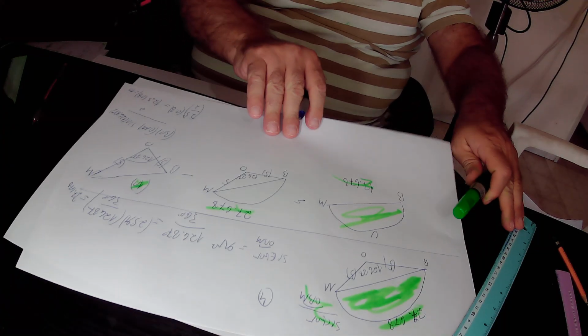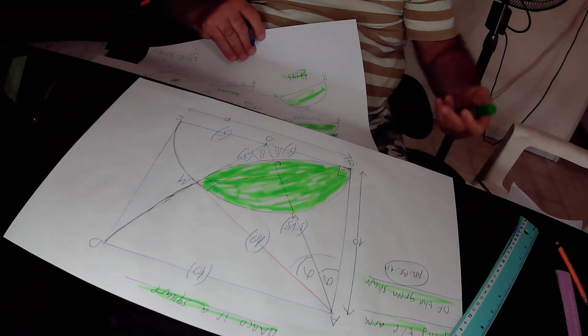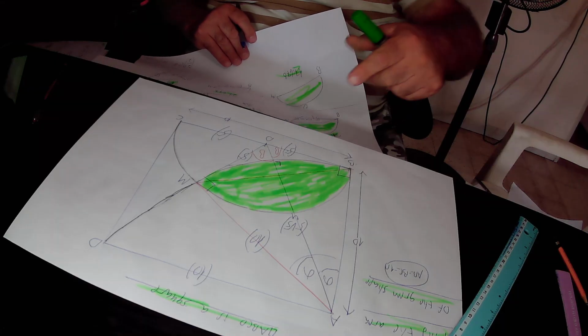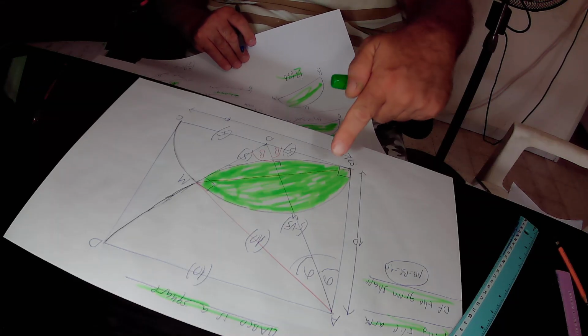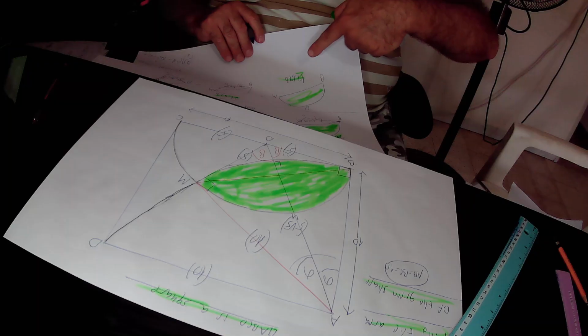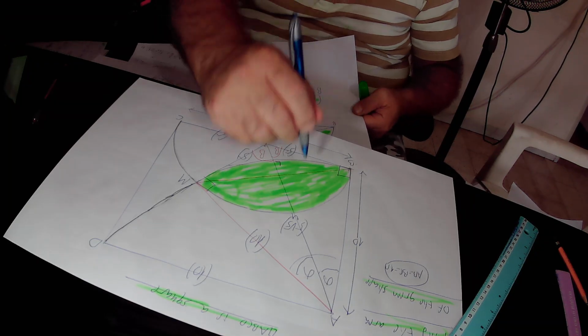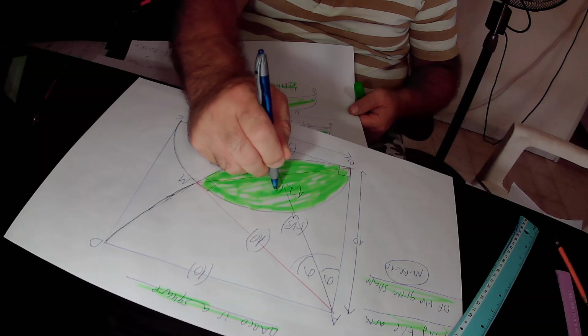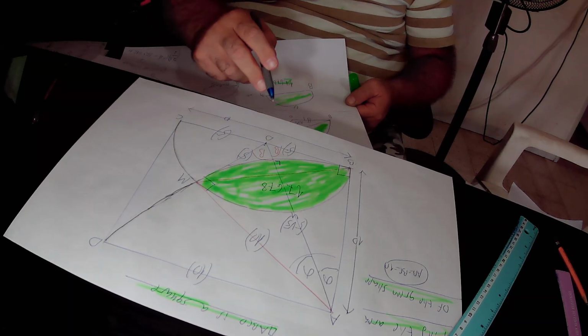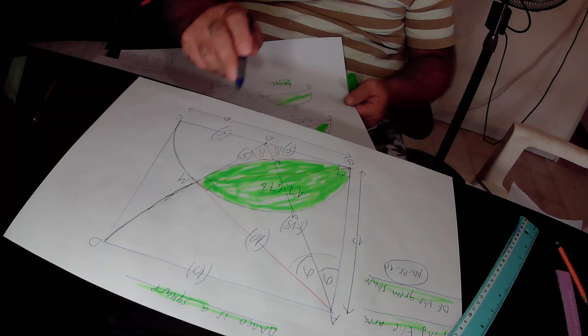Our task is to find out the area of this green shape. So the area of this green shape will be equal to the area of the upper segment BUM, that we just found out is equal to 17.678 square meters, plus the area of the lower segment BLM.